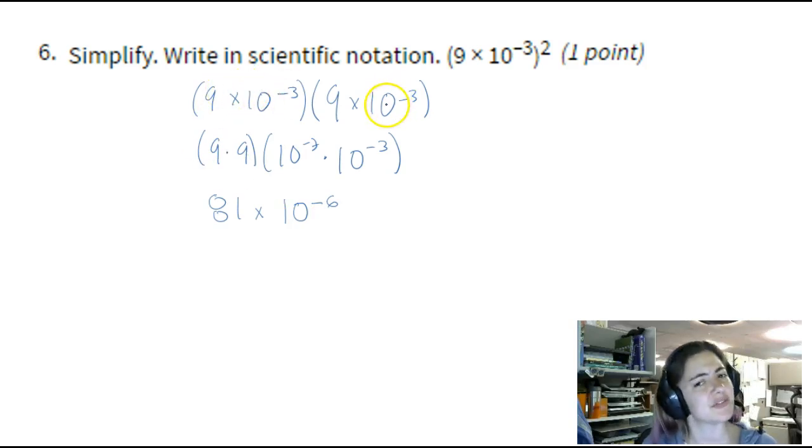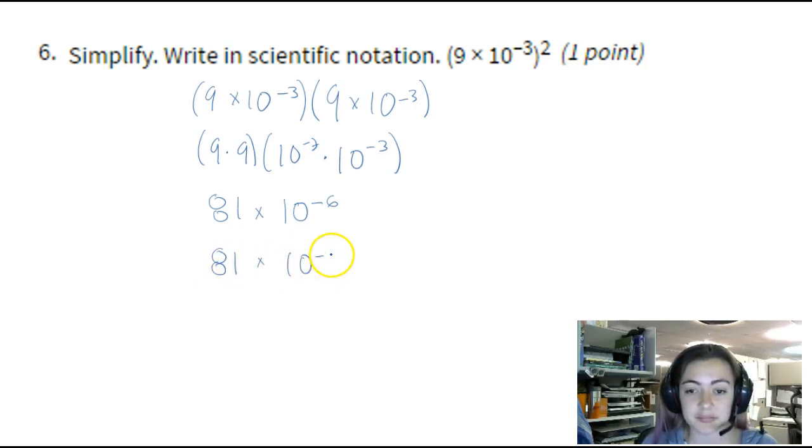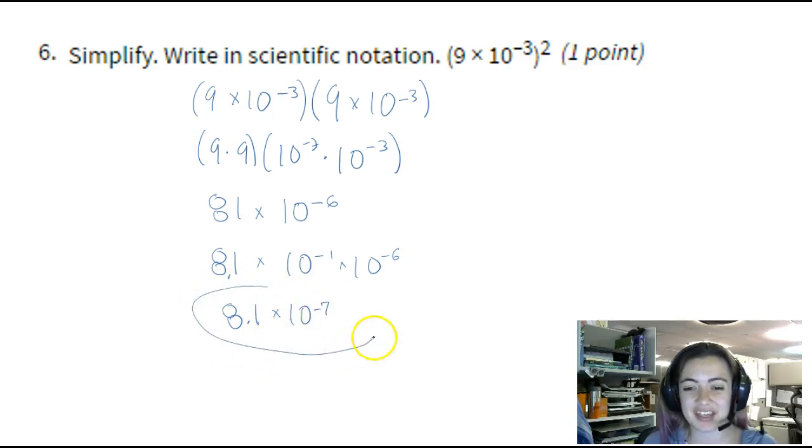It's not quite in scientific notation, because remember this number here has to be between 1 and 10. So we can write 81 as 8.1 times 10 to the first. That means we're going to move our place value over 1. Still times 10 to the negative 6. So now when we simplify, we get 8.1 times 10 to the negative 7th.